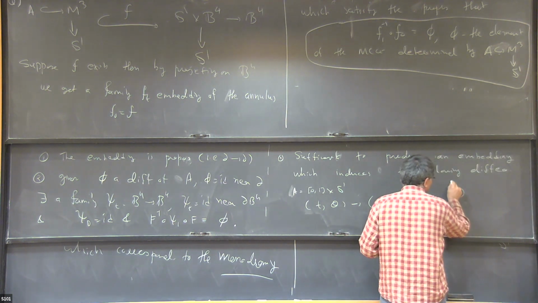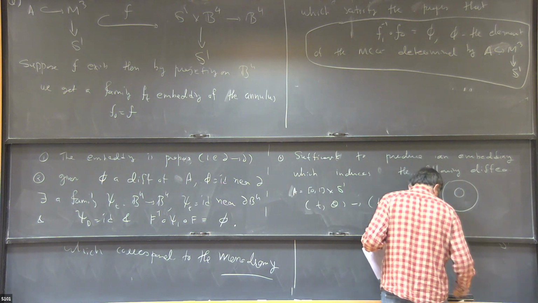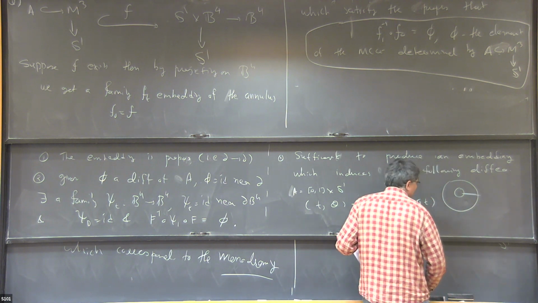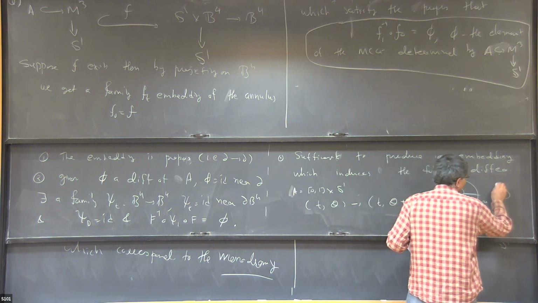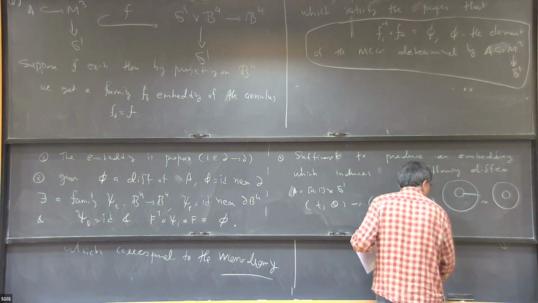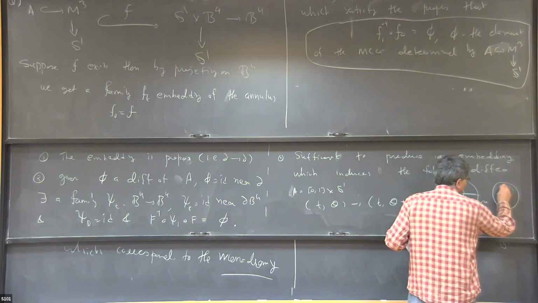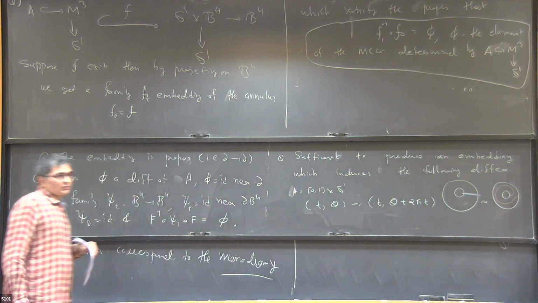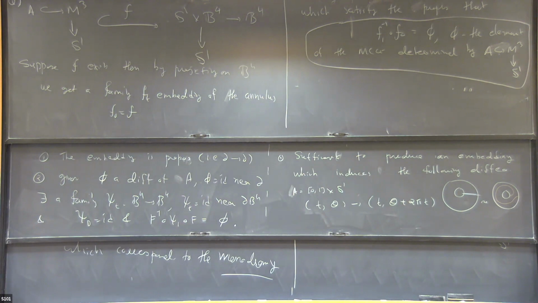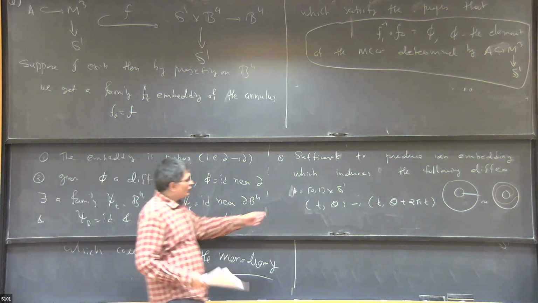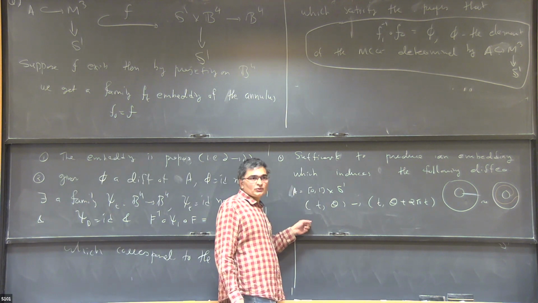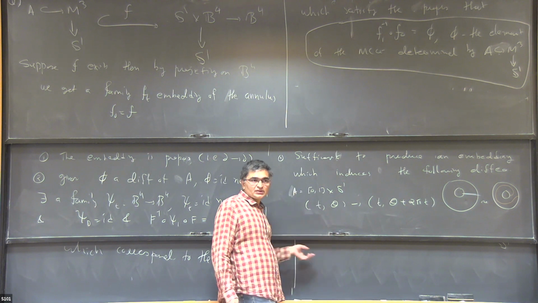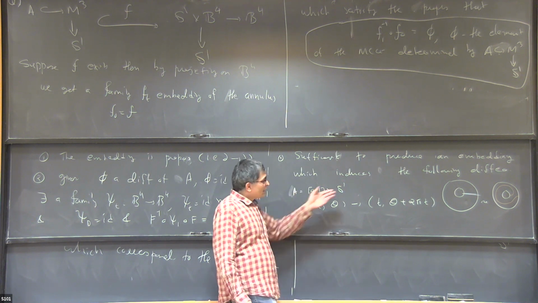You take an annulus, and if I look at this curve, after applying the diffeomorphism, it changes to this curve. So if you can do it for this particular diffeomorphism, you can do it for every diffeomorphism, because the mapping class group is generated by this in this case. Okay.